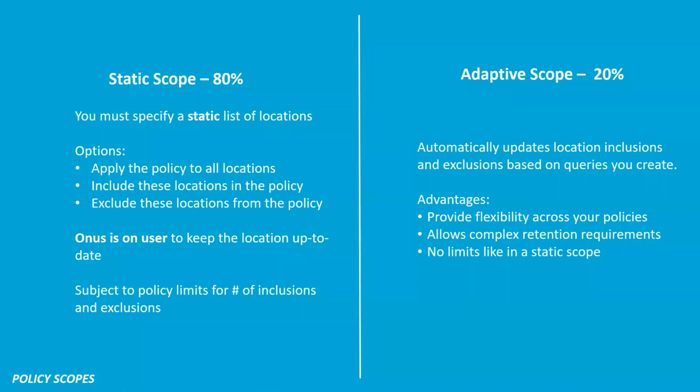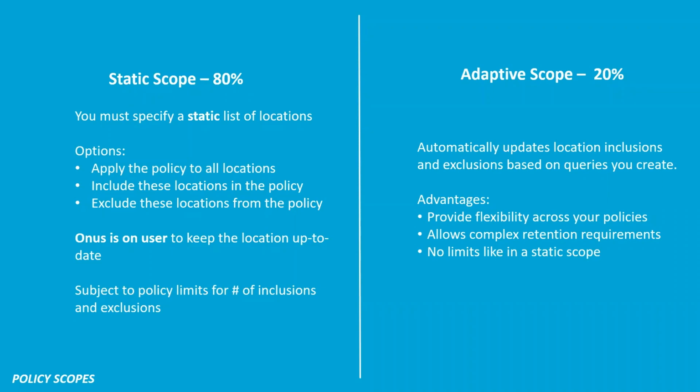Now, for adaptive scopes, what we do is we create a separate scope outside of the retention policy or the label policy so that the scope lives separately and is decoupled from the policy itself. So we define the scope separately outside, and it provides flexibility, since if we apply that adaptive scope to multiple different policies, we only have to change that adaptive scope once if there needs to be a change.